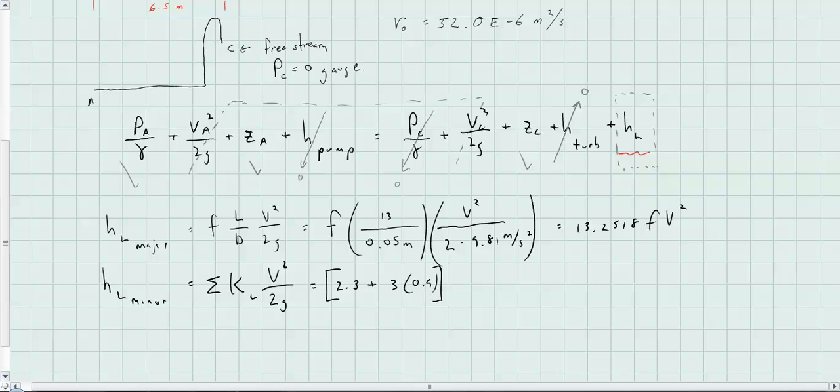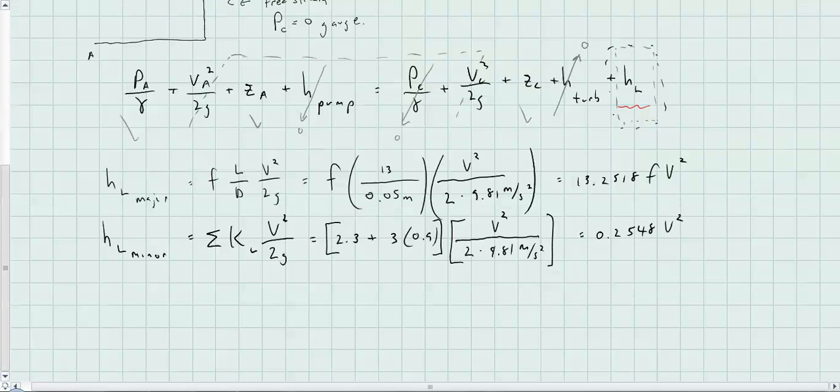All of this times V squared over 2 times 9.81 meters per second squared, which provides a final value of 0.2548 V squared. Each of these solutions can be substituted into this HL term.